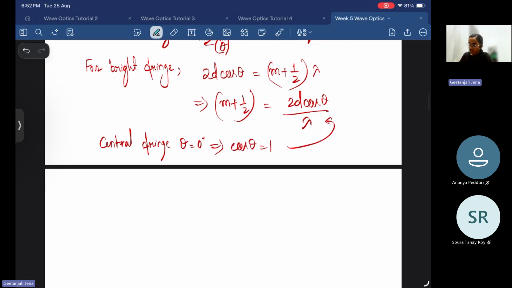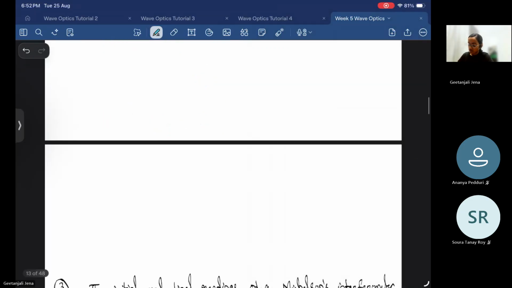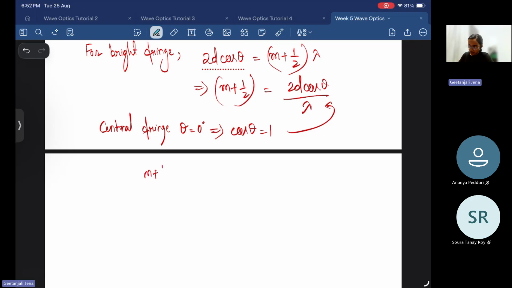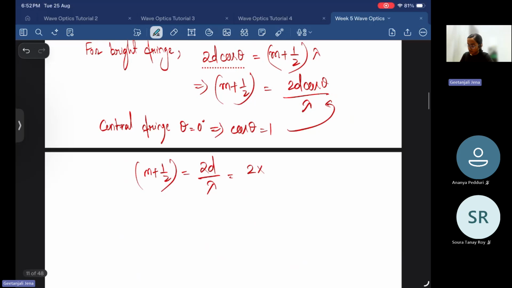And if we put it here, we have m plus half should be 2D over lambda. 2D is given as 1.5 mm, that is 1.5 times 10 to the minus 3, and lambda is 600 nanometer.